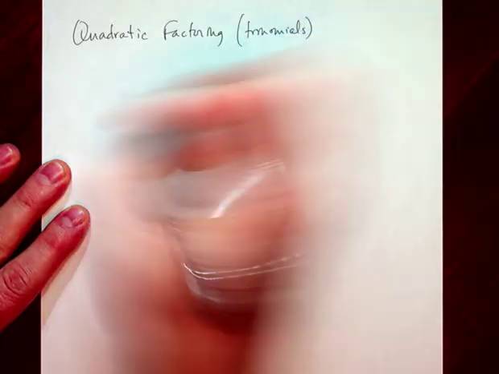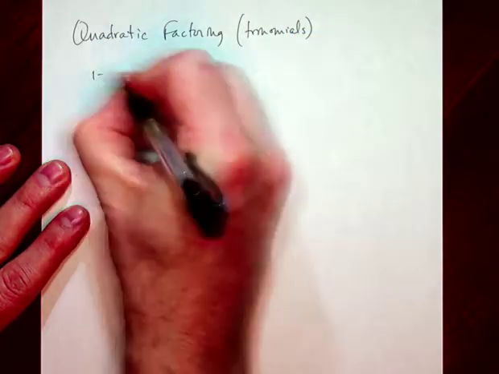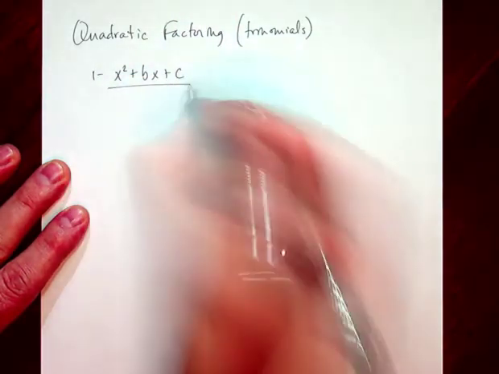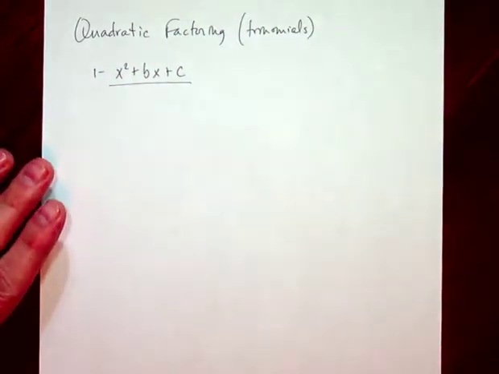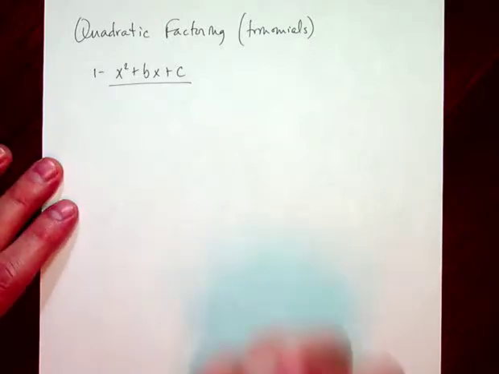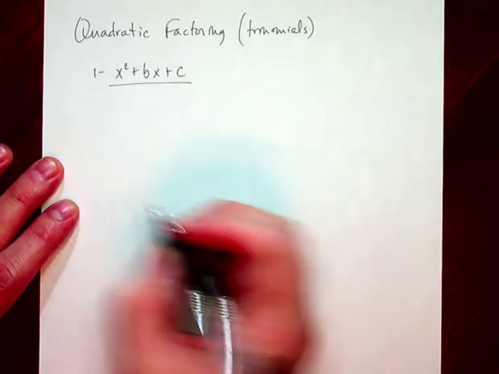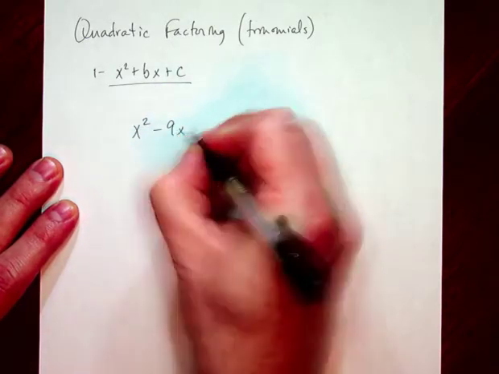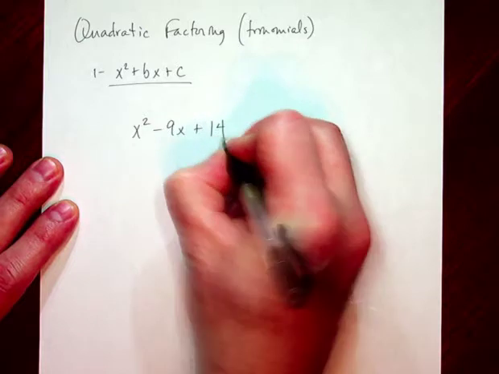The first one is when it is just x squared plus bx plus c with a leading coefficient of 1. So if we're just doing that, and we have something like, let's say, x squared minus 9x plus 14.